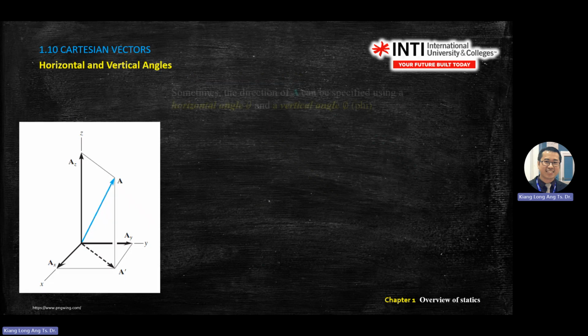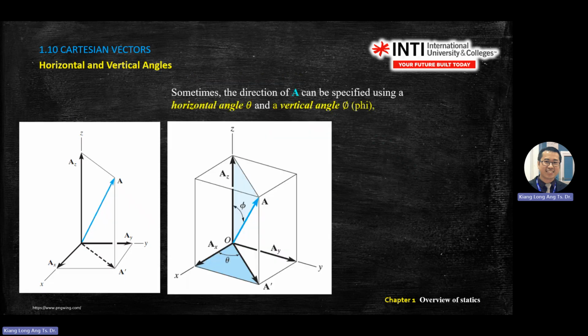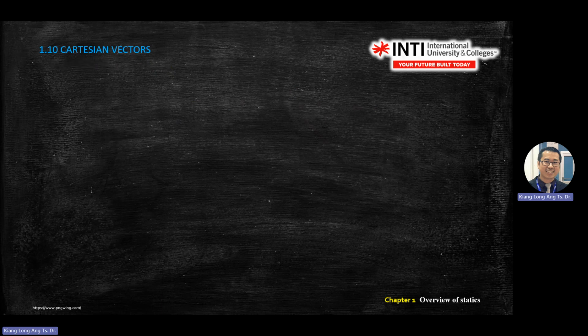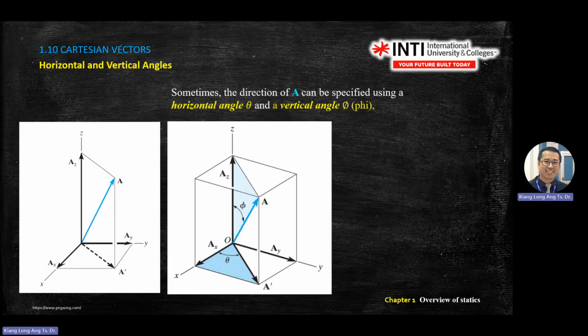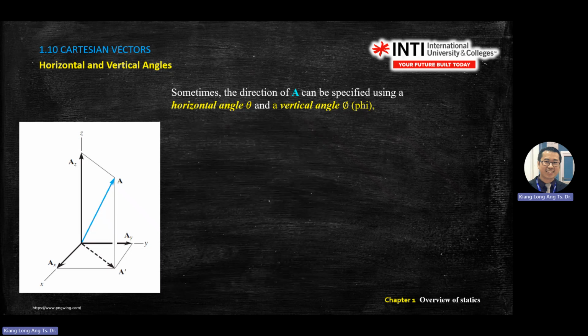The rest is just elaboration. What is different between this one and this one? When you have a horizontal and vertical angle, it's a bit different from the previous one.